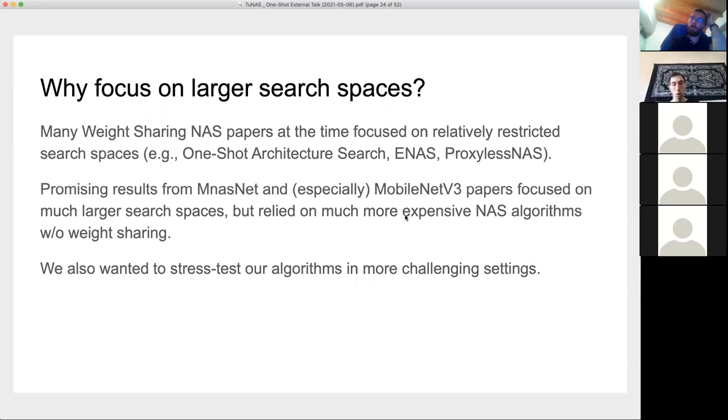Proxyless NAS was a very strong motivation for this work, and it was really one of the first papers that made me think that different ideas related to latency constraints and weight sharing could be successfully combined. But at the same time, the search spaces that were explored in that paper were actually pretty limited.